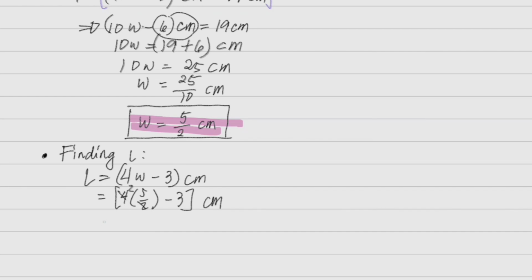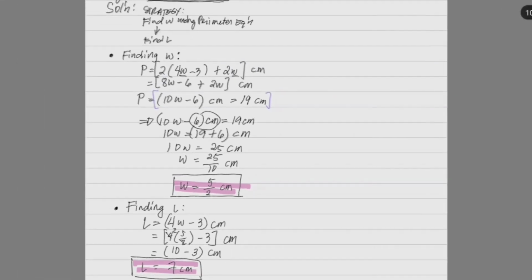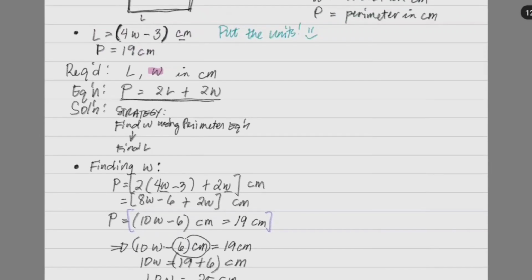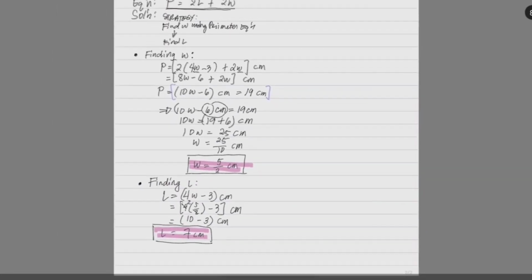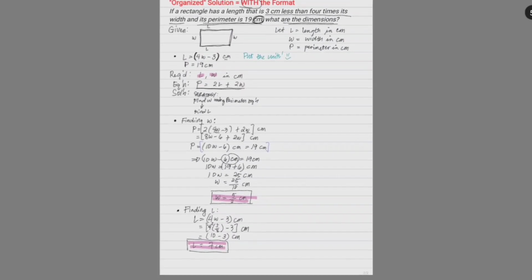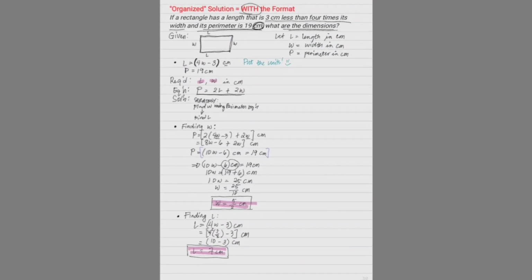That will be 10 minus 3 cm, which gives us a length that is 7 centimeters. Again, boxing your final answer or highlighting it to show that there is a value for another required. So, that will be your whole solution, or your final solution in this organized solution that I suggested for you.